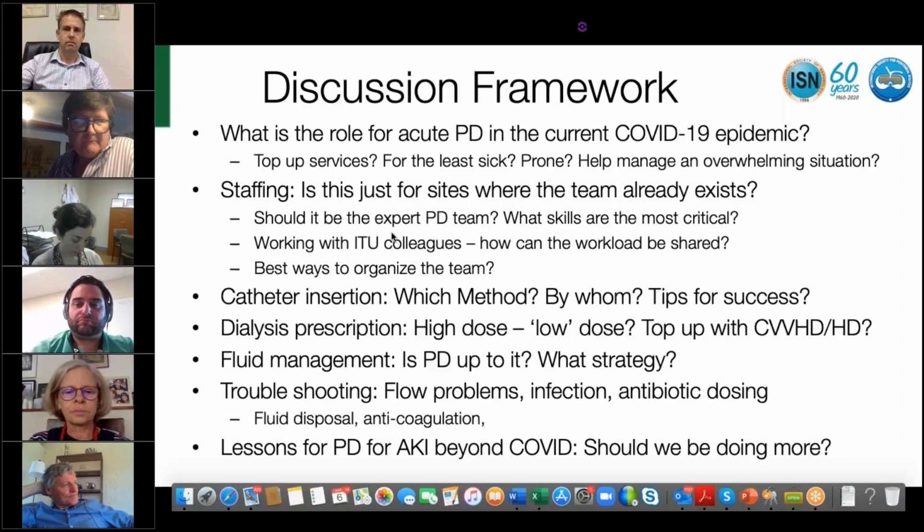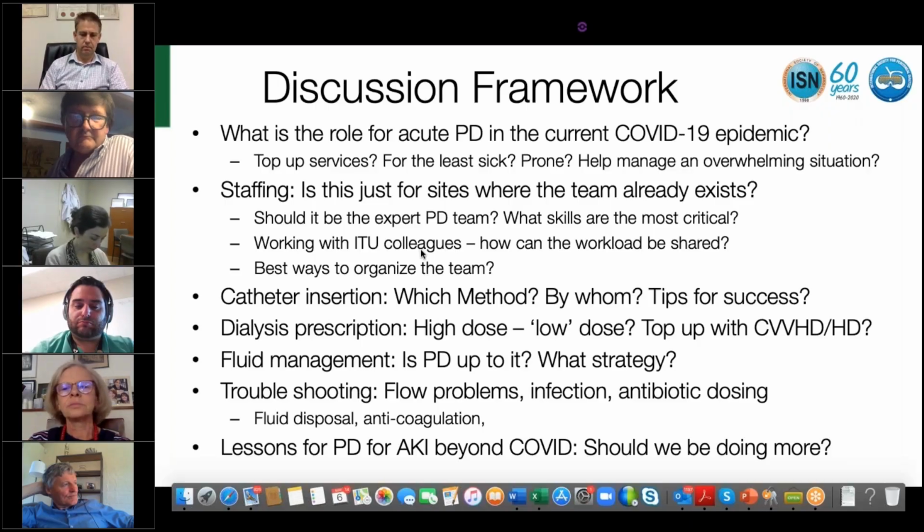So literally overnight we were able to get a team together to support the ITU team. We have an on-call system at night, so we're working basically 7 in the morning till 8 at night through ITU in order to get people on, take them off, problem solve, etc.